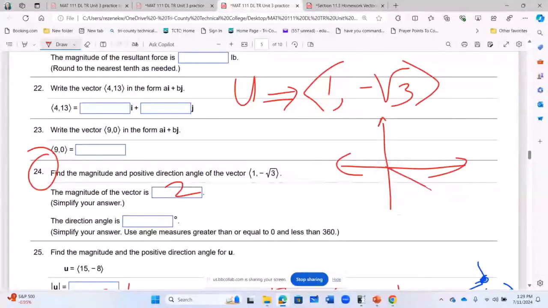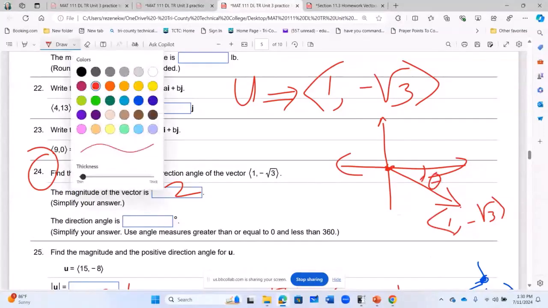It's a vector, so you need to have an arrowhead. The initial point is right here. The terminal point is right here. So I have 1, negative root 3. But I need to find the value of this angle, the reference angle.